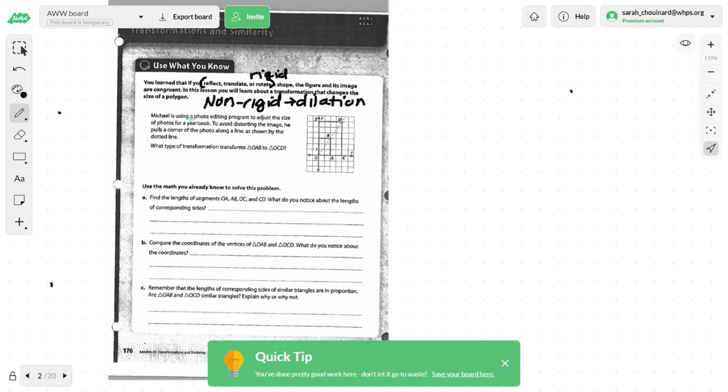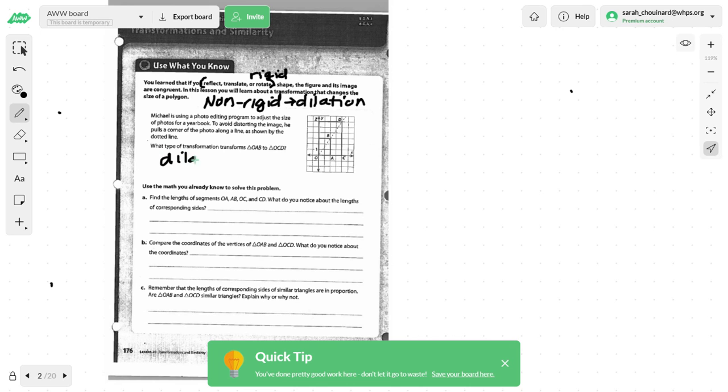So we are looking at Michael taking a photo and enlarging it so that it stays proportional to a larger photo. And so we're going to specifically look at the triangle OAB, so this part of the picture, compared to the triangle OCD, this half of the picture. And so what type of transformation?